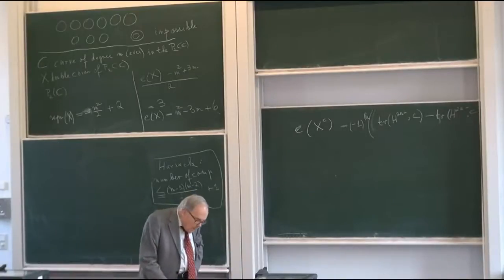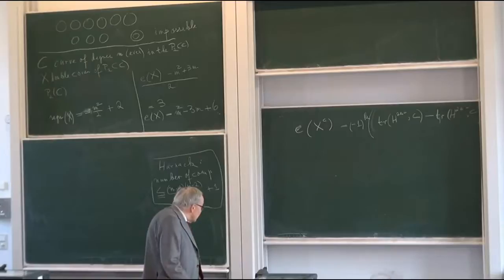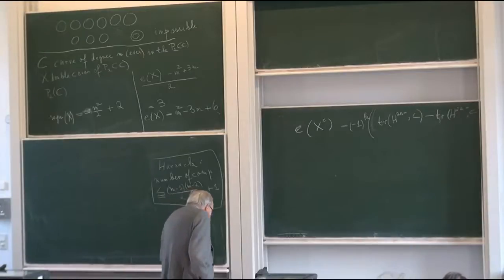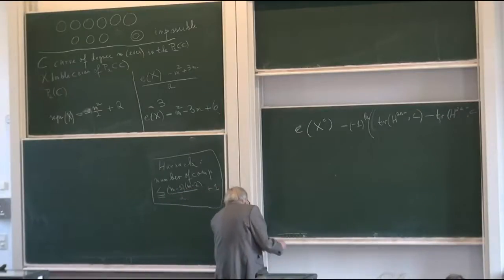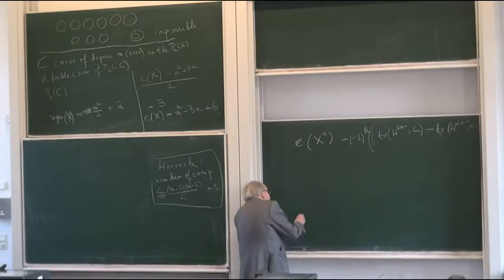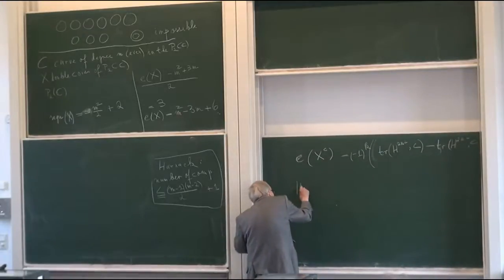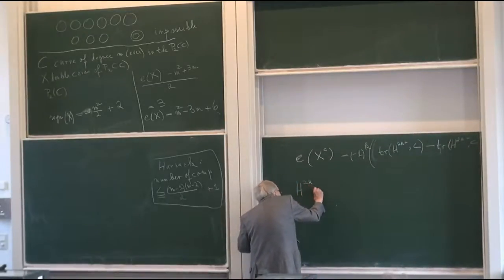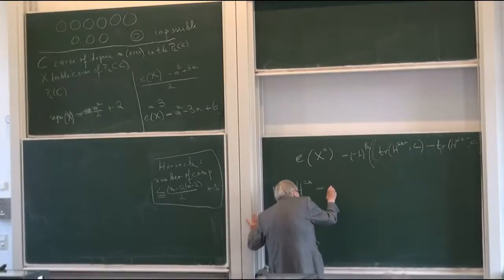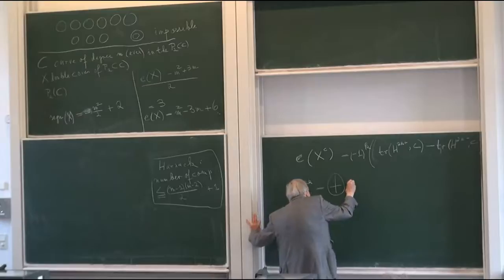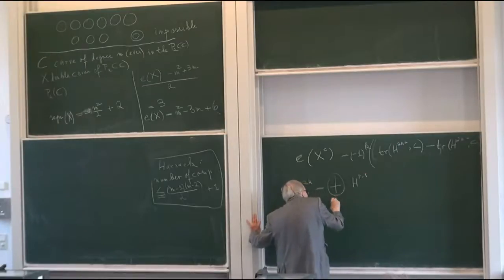Then the main thing, as a first step, is that we use the splitting of H2K in the direct sum of HPQ, where P plus Q is 2K.